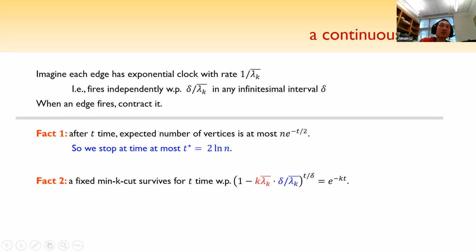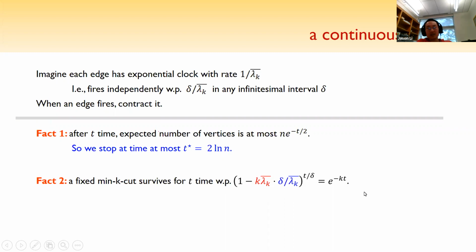Now, once we're at time 2 ln n, what is the probability that a fixed min k cut survives? At each delta time step, the probability that we contract one of these edges is the size of the min k cut, which is k times lambda k bar, which we defined as opt over k, times the probability each is contracted, and over time t there are t over delta time steps.